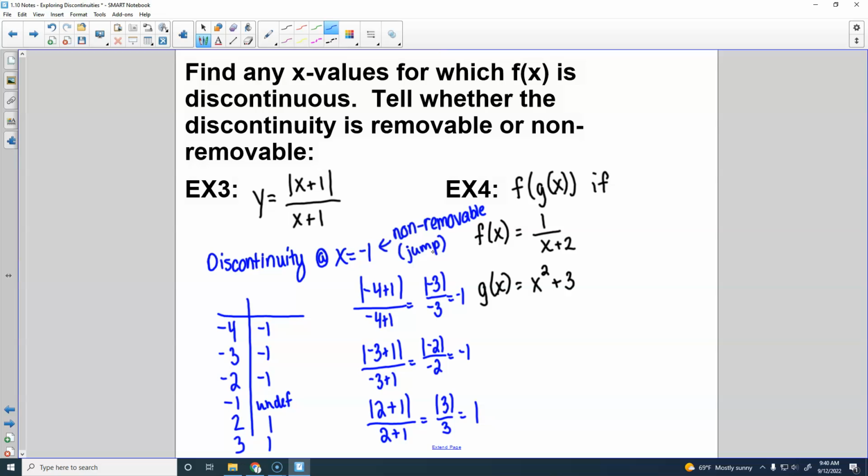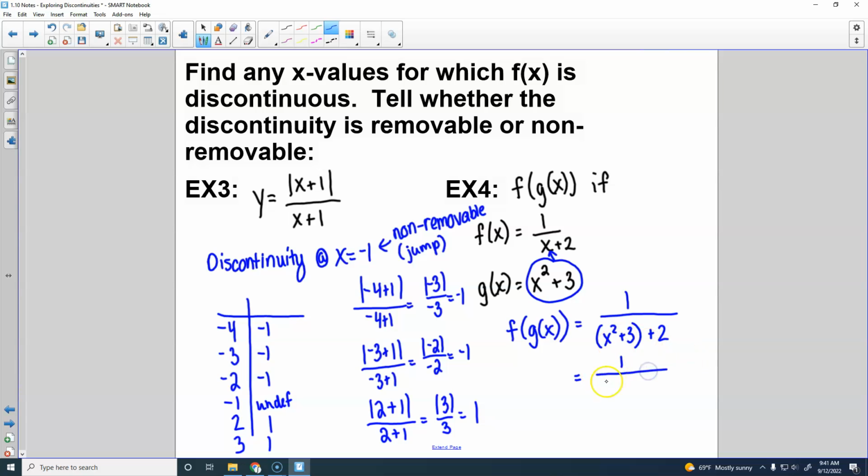Example 4 asks us to do a composite function, f of g of x. So first let's find f of g of x. So f of g of x means that I'm taking g of x and I'm plugging it in for the x in the f function. So that will be 1 over x squared plus 3 plus 2.